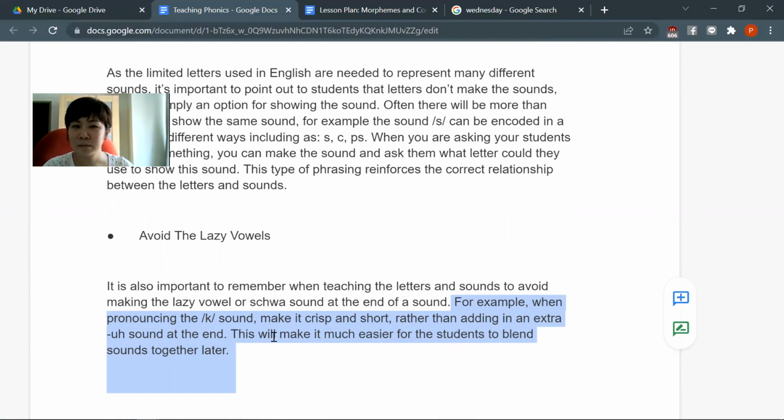If I tell my student, what is this? K is K, then when they go to make kite, they're going to say K-ite, and then they'll say kite. Rather than if you just say K, K, K, then they'll know kite. It'll make it much easier for them to combine them.